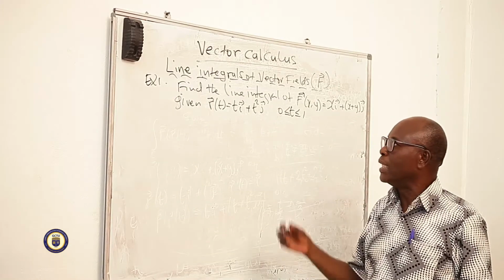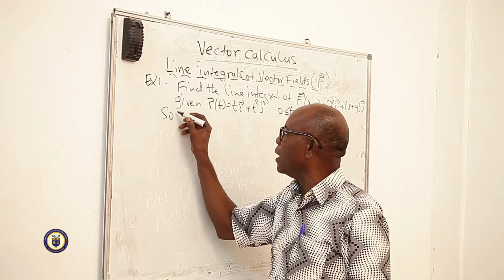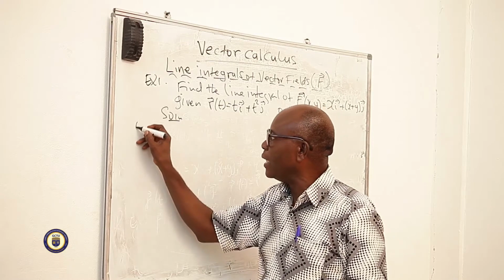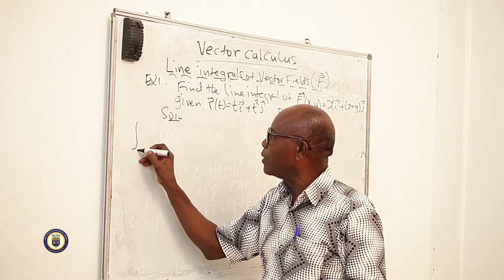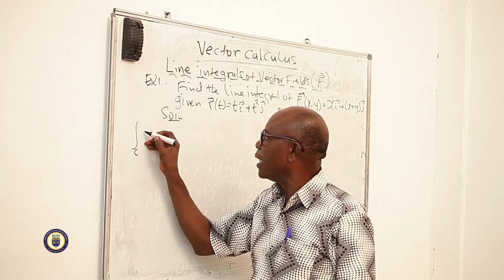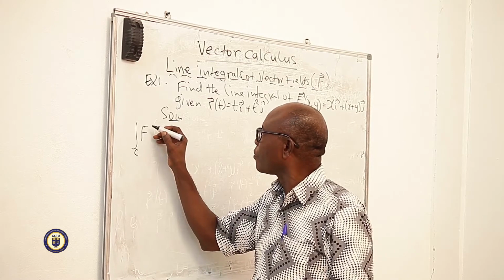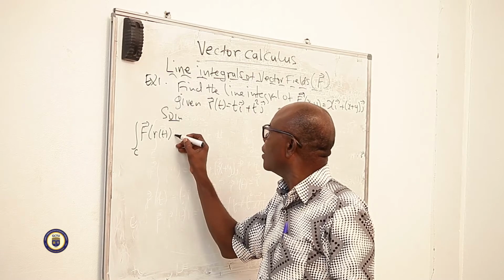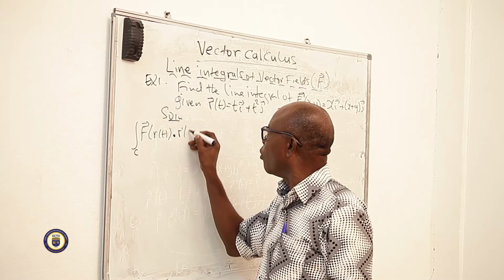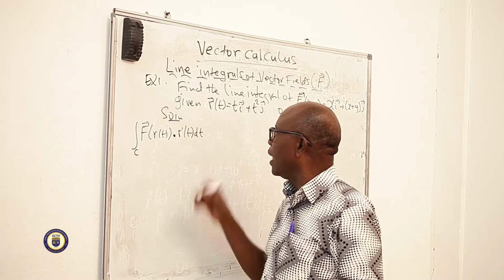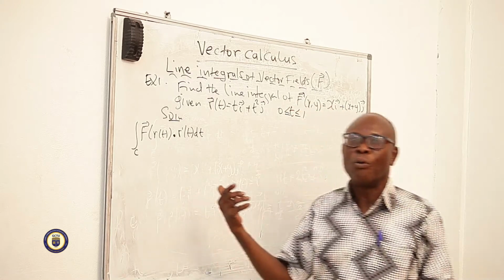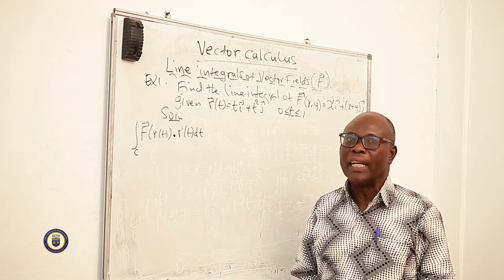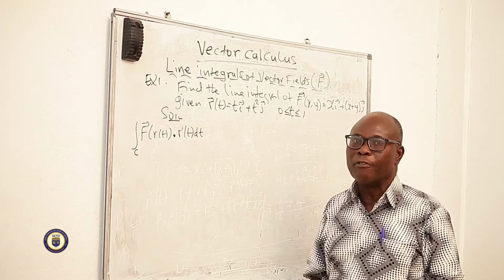And so we take the solution. The solution will be like this: the integral over C of F of r of t dot r prime of t dt. This is how we'll find the line integral of the given information.